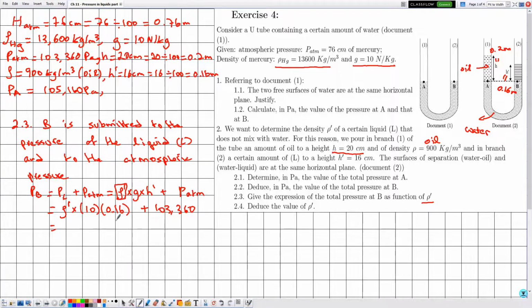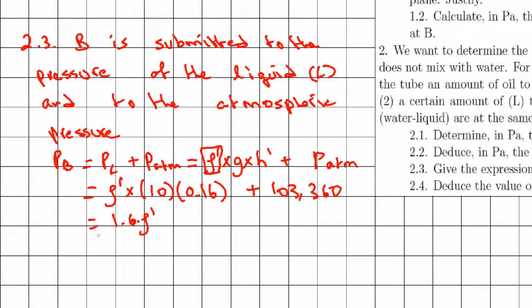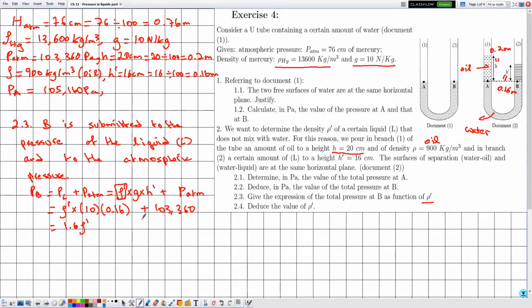Then 10 multiplied by 0.16 is 1.6, so it is 1.6 multiplied by rho prime, plus 103,360. So the pressure at the point B is given by 1.6 rho prime plus 103,360.